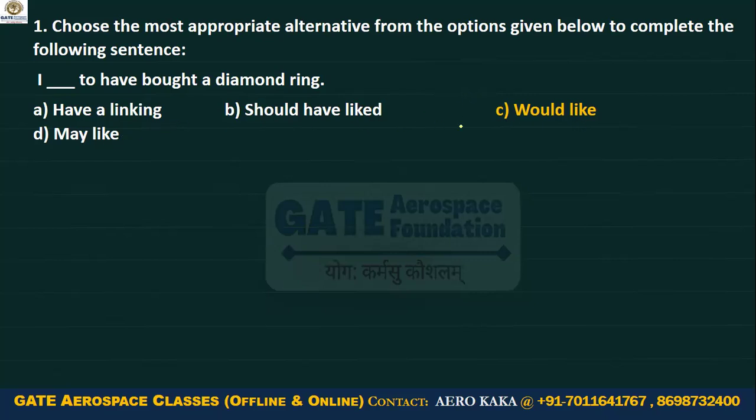The answer obviously is going to be would like, because if you complete this sentence it would be, "I would like to have bought a diamond ring." Now I'll explain some technical terms of tenses over here.